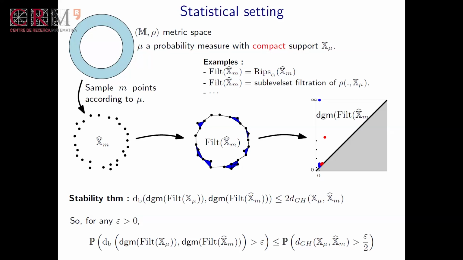And an immediate consequence of this stability result is that now, if I'm given some positive epsilon, and I look at the probability that the bottleneck distance between the diagram of my random sample set and the diagram built on top of the support of my measure is larger than epsilon, this probability is upper bounded by the probability that the outer distance between my random set and the support of the measure is larger than epsilon over 2.